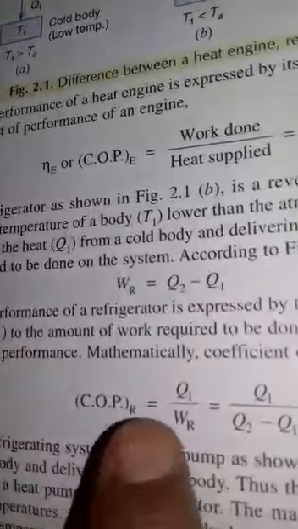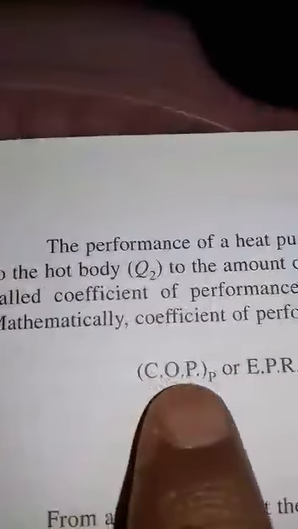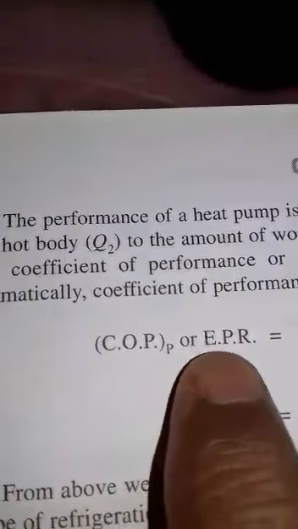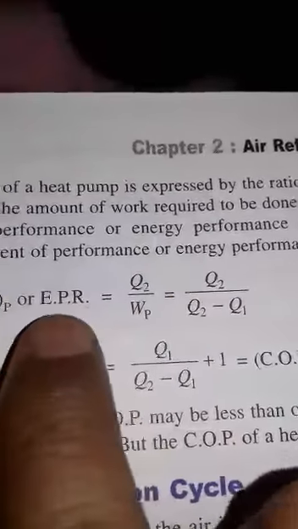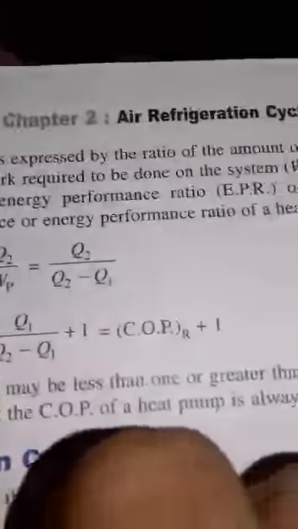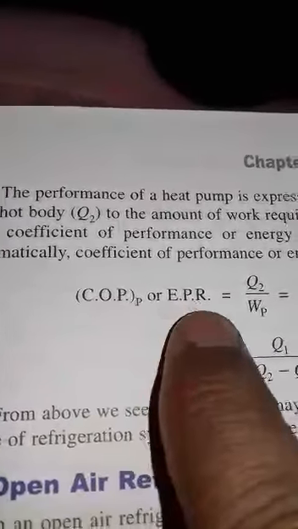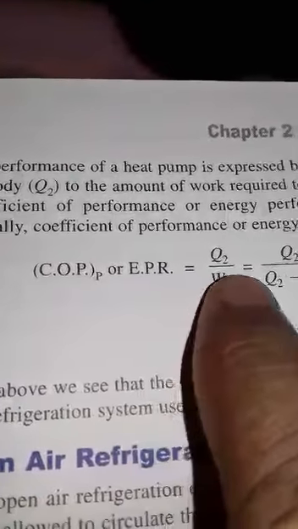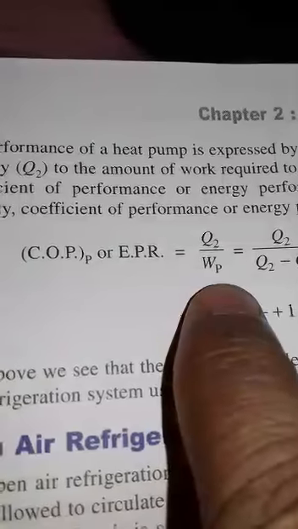So in case of heat pump, that will be COP of pump, that is also called energy performance ratio. Here COP is known as energy performance ratio. Now you see here we are using heating effect upon the work done.